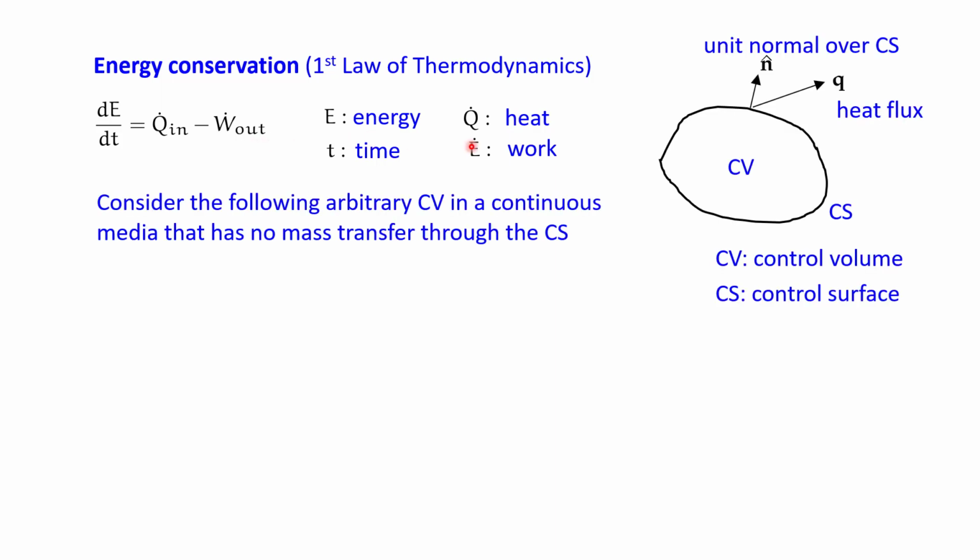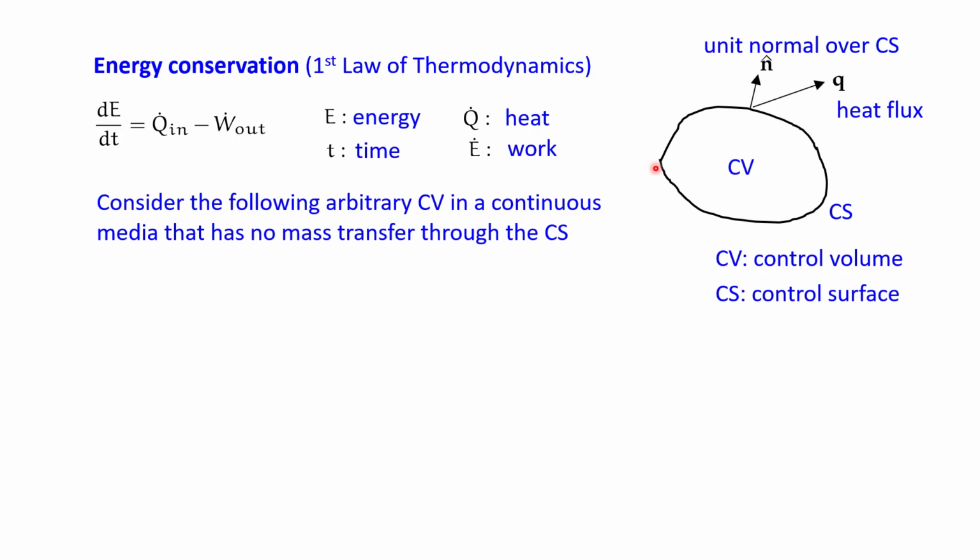Now consider this control volume. This is an arbitrary shaped control volume, and the boundary of this control volume is what we call the CS, which is the control surface. N is a unit normal vector over the control surface, and Q is the heat flux at the surface.